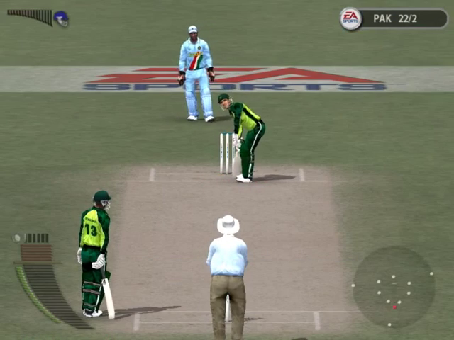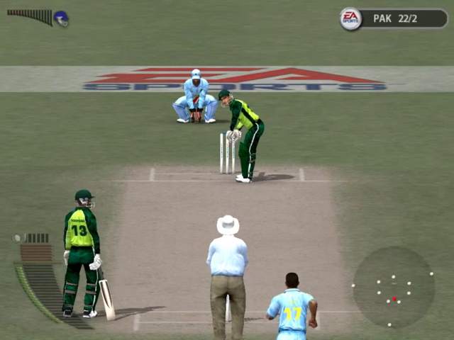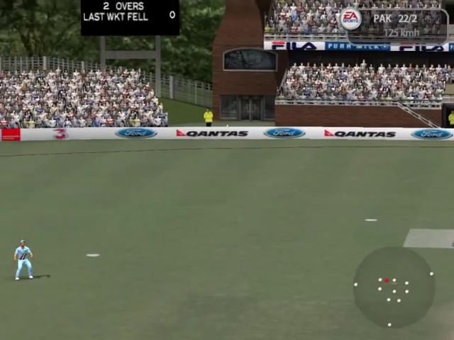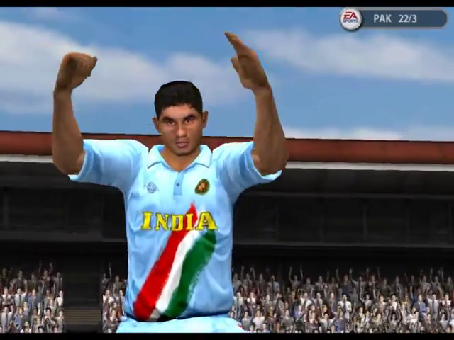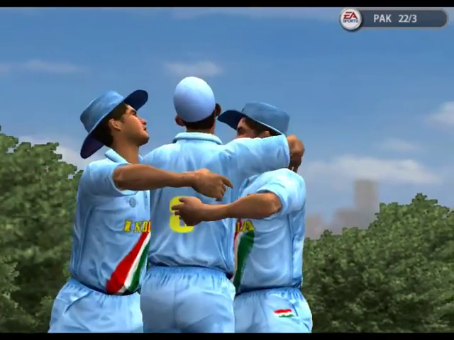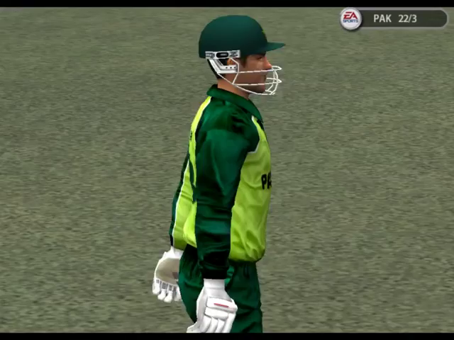Khan at the start of his run-up. And that's out. Caught by Gambhir. Well taken. He never looked like dropping. Khan gets his third wicket.